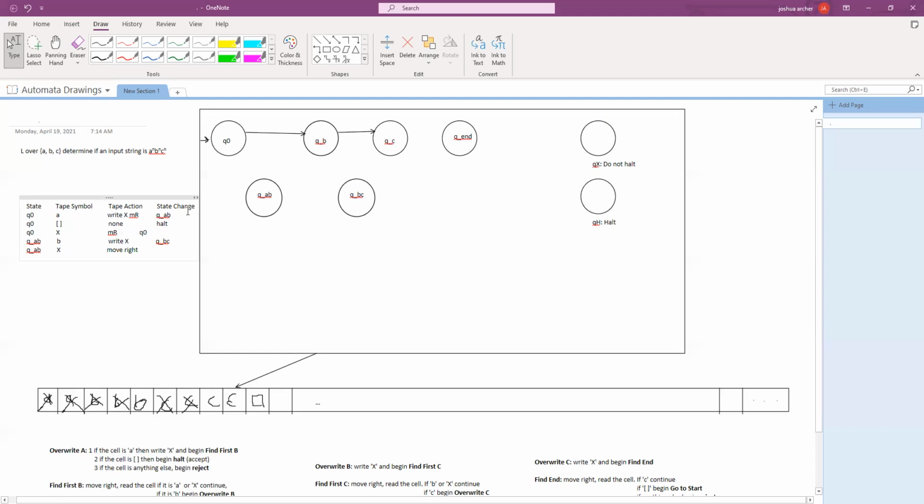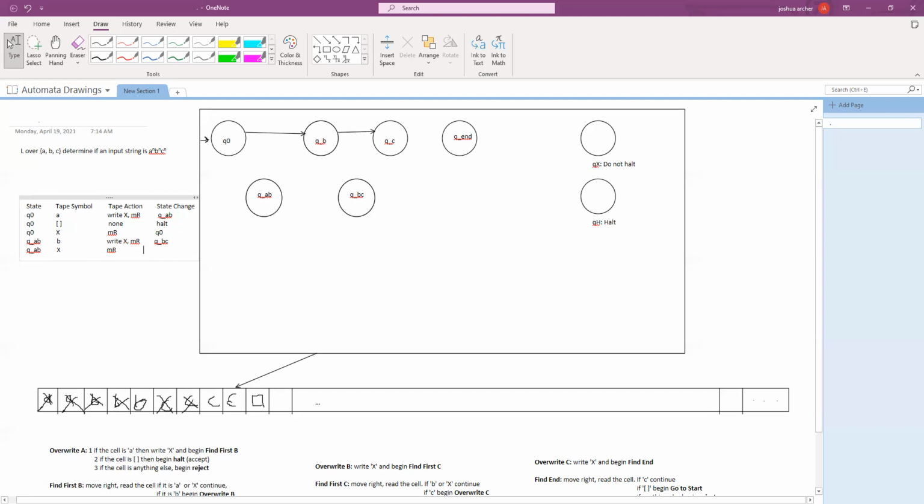So write X, MR. This is going to be MR. Okay, so if we see an X, we don't need to write anything.